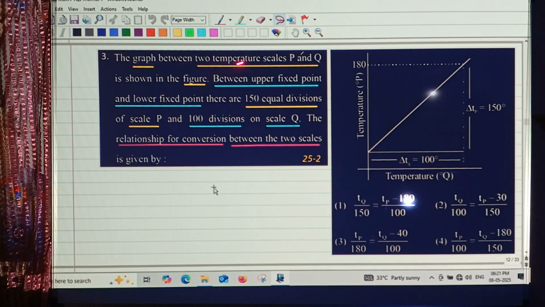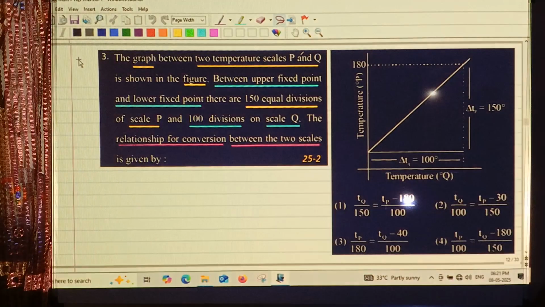The graph between two temperature scales P and Q is shown in the figure. Between upper fixed point and lower fixed point, there are 150 equal divisions on scale P and 100 divisions on scale Q. The relationship for conversion between the two scales is given by 4 options. So basically, to find the equation of this line.